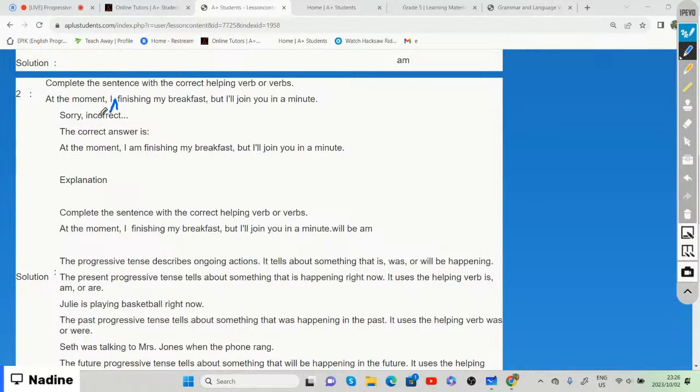If somebody makes mention of at the moment, what does at the moment mean? Is it in the present, meaning it's now? Is it in the past? It happened already. Or it's in the future. It will be happening. So we are first going to choose the correct tense.